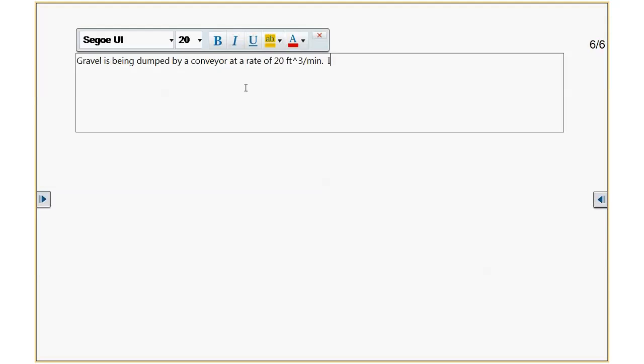It forms a conic pile whose base and height are equal.